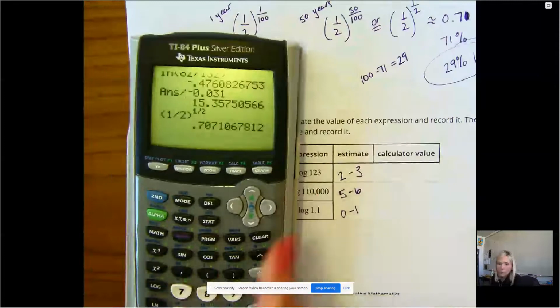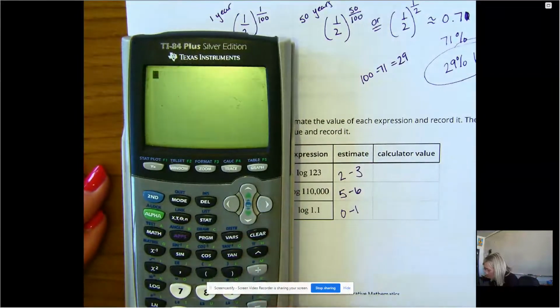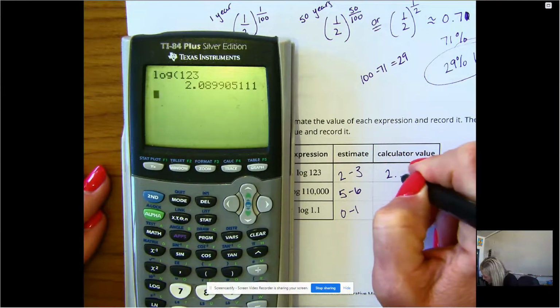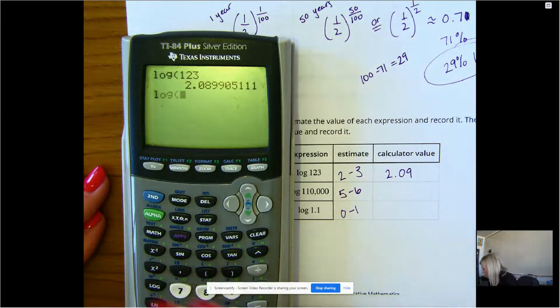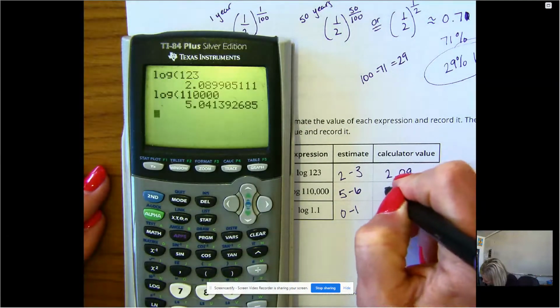Okay, and then to use the calculator, we're just going to use the log button. So the log of 123 is about 2.09. The log of 110,000, 5.041.